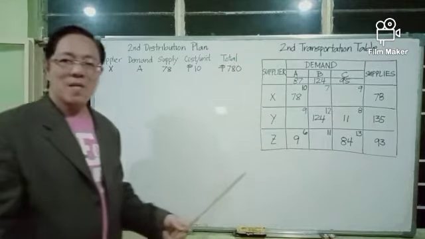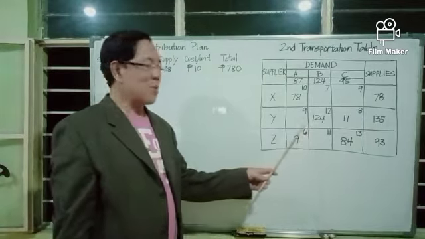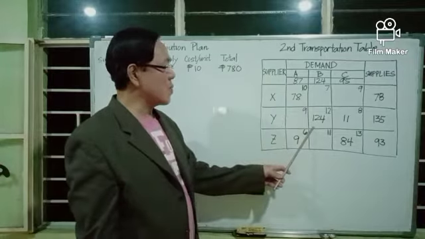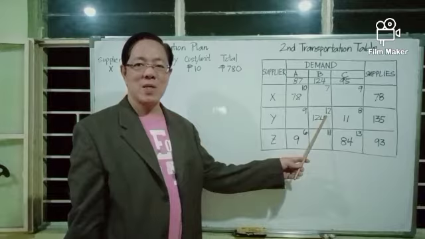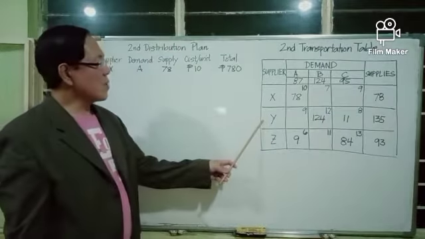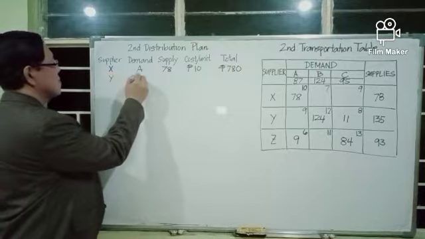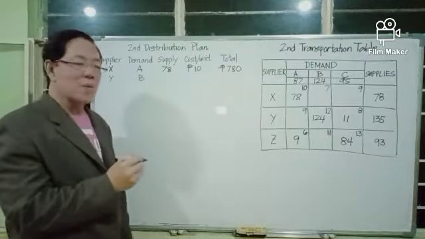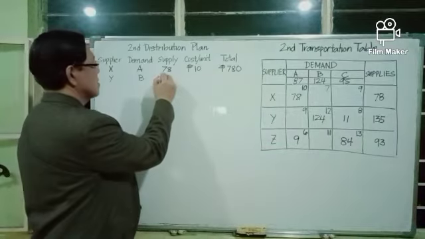The next occupied cell is this cell, 124 units, which means we transfer from supplier Y to customer B, 124 units at 12 pesos per unit.